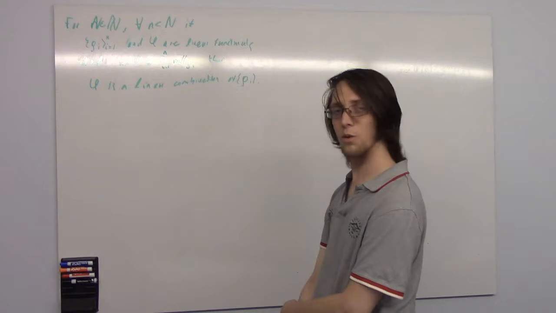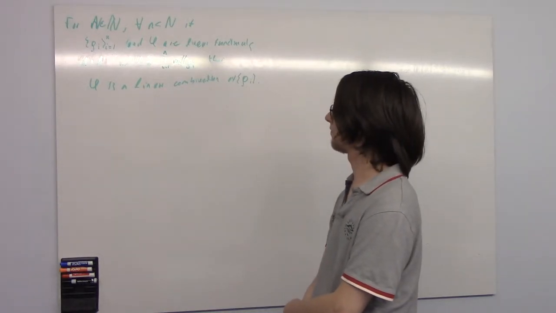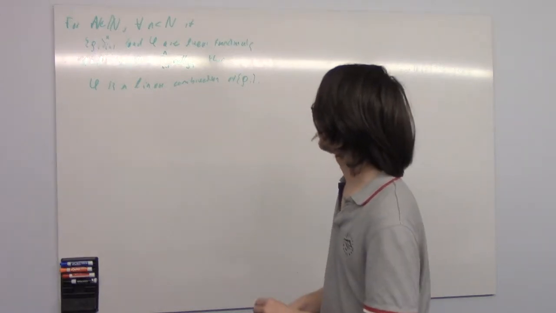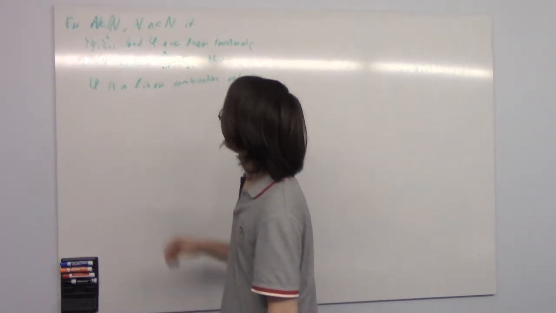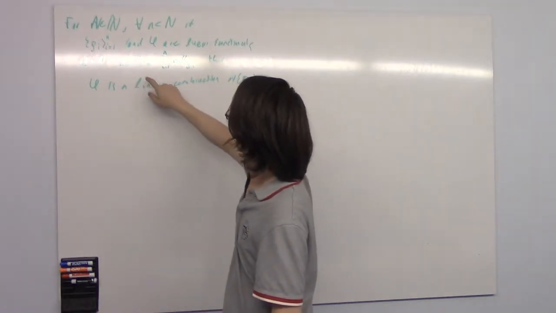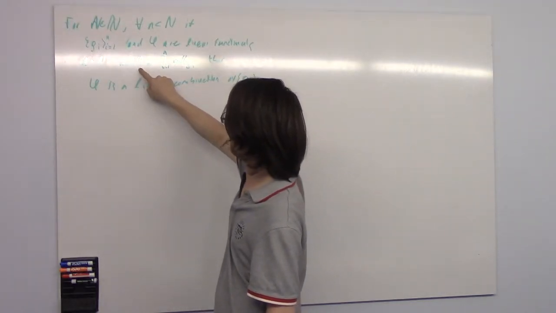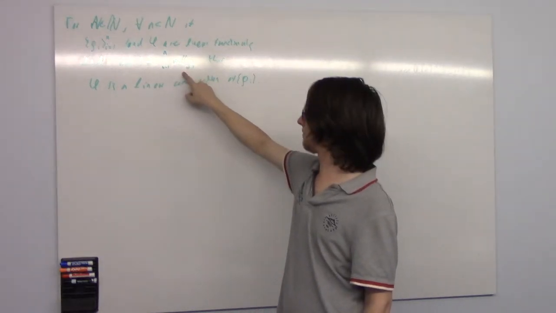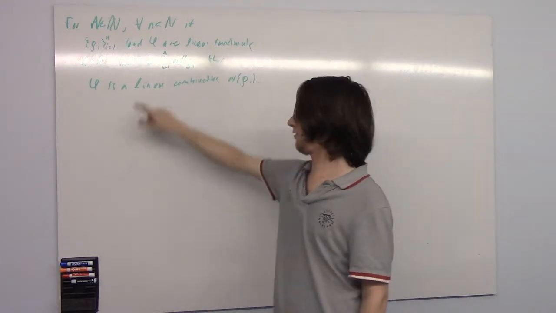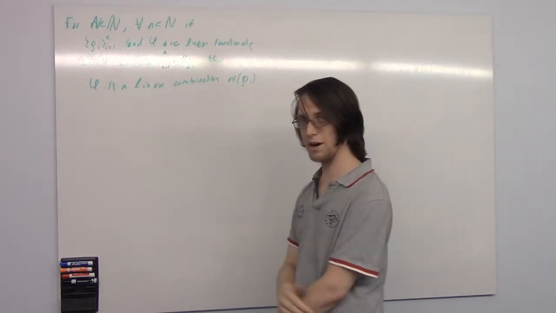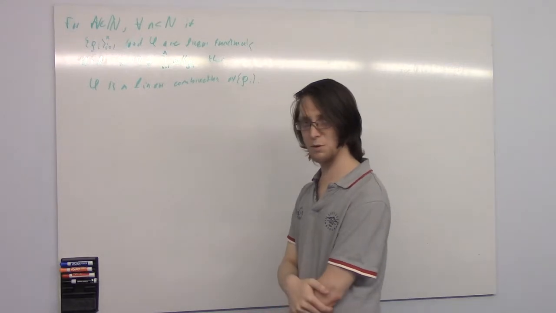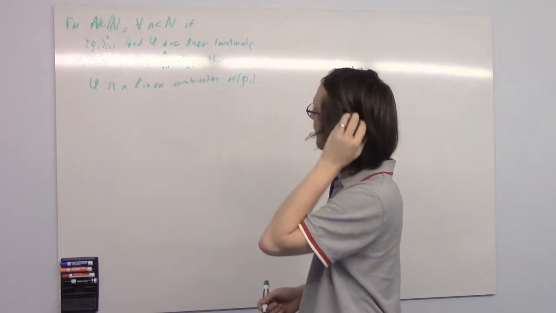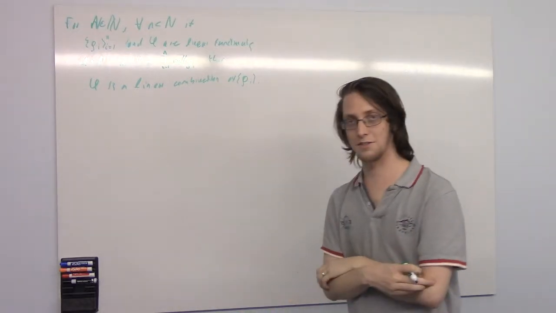Okay? So what does this mean if n is 1? This means that phi vanishes on the null space of rho 1. Phi is a linear combination of rho 1. That's exactly what we just proved. So we can continue on. We're going to assume our inductive hypothesis.